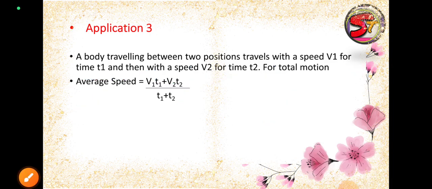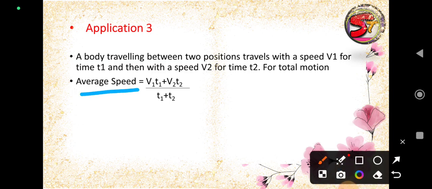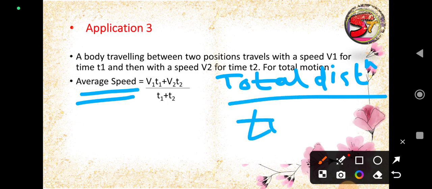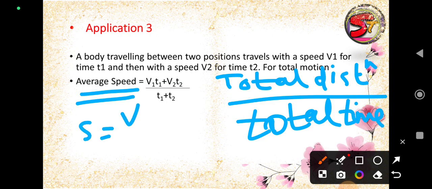See, what we have already learned is that average speed is total distance by total time, or total displacement by total time if we talk about velocity. Distance s equals v into t.